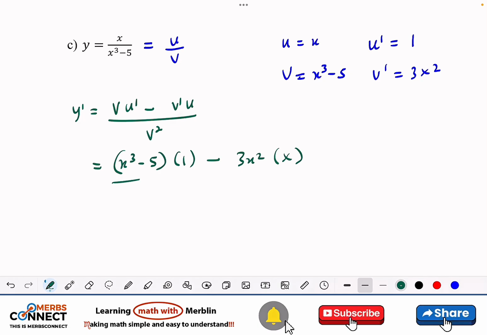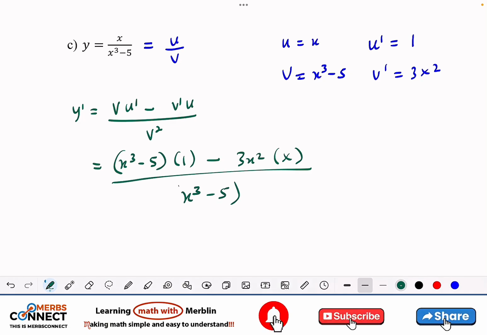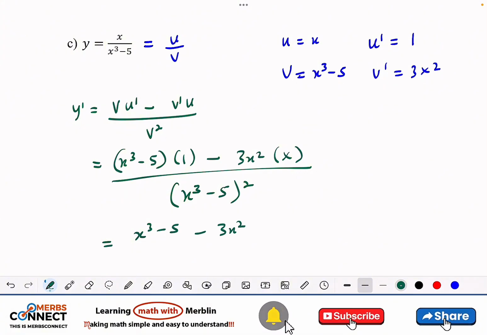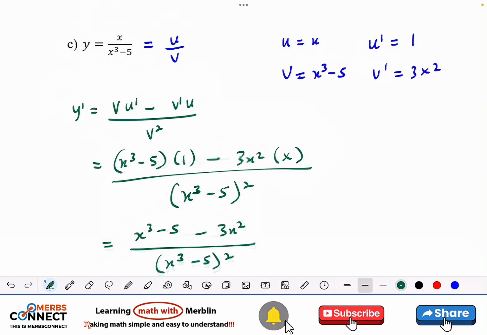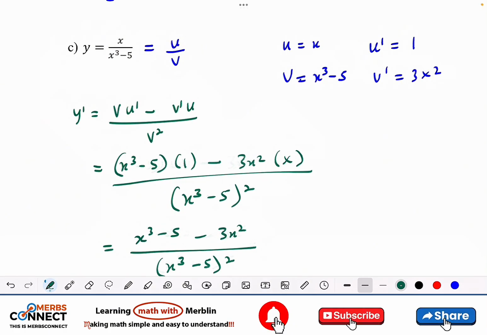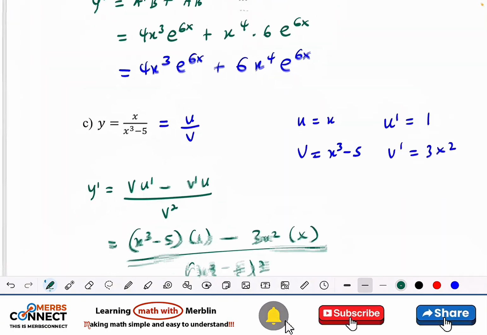So x, divided by v squared, x to the power 3 minus 5 all squared. So what are we going to get? If we want to simplify, we are going to have x to the power 3 minus 5 minus 3x squared divided by x to the power 3 minus 5 all squared. We can just leave it in this form because we cannot do any further simplification, and then we are done. So this is 5.